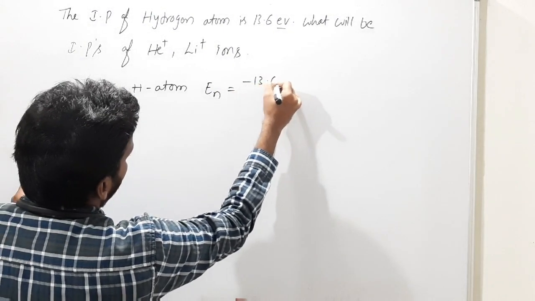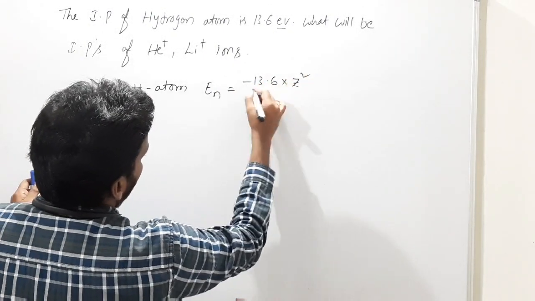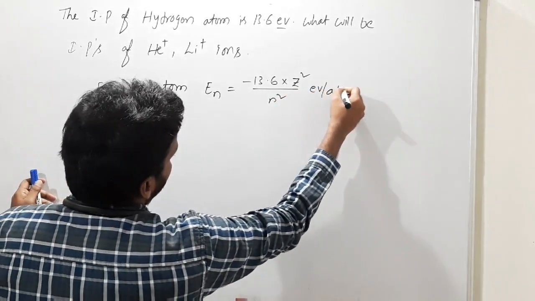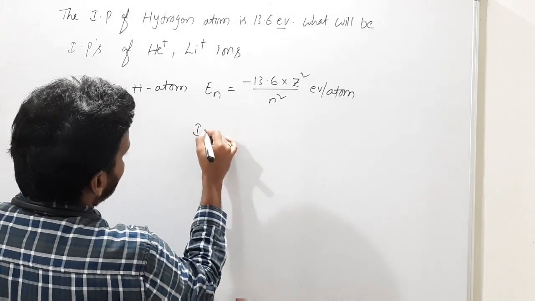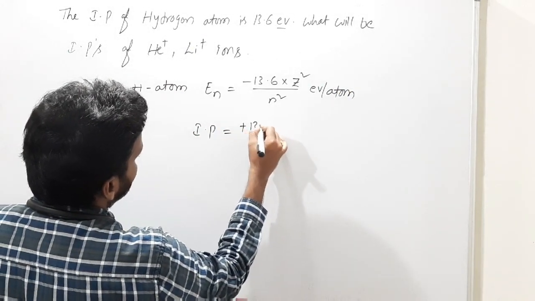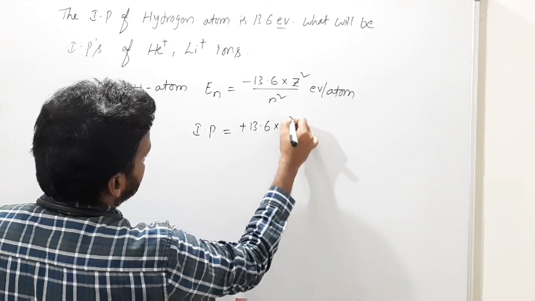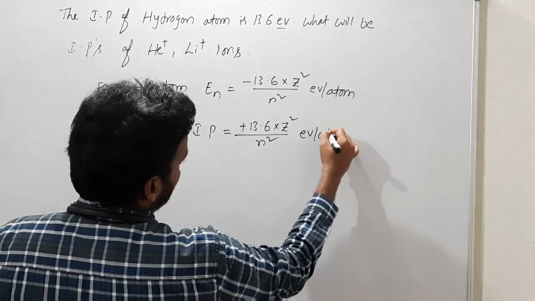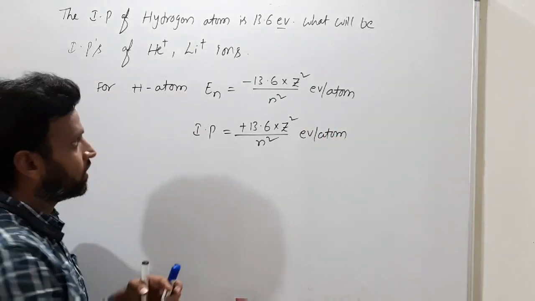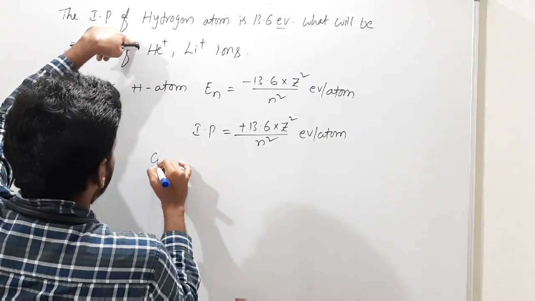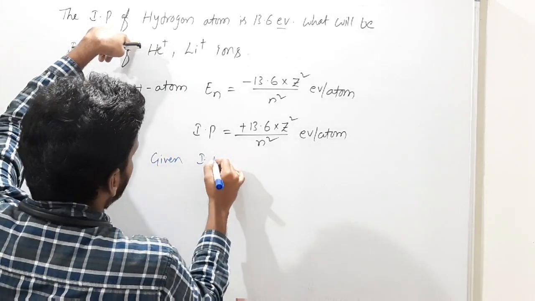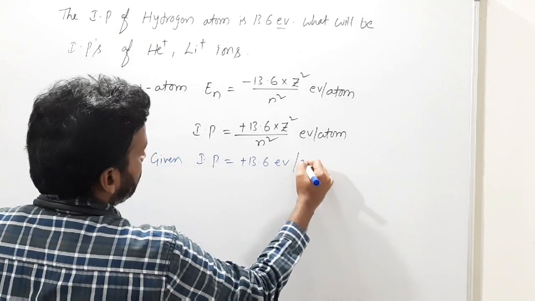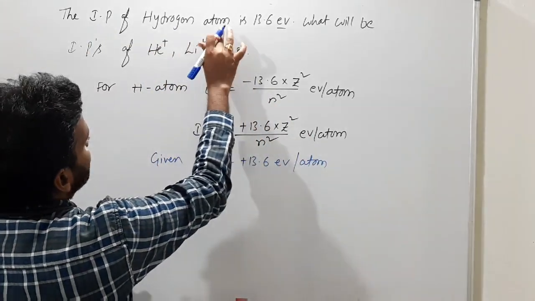It's minus 13.6 into Z square by N square, in eV per atom. So the ionization potential is plus 13.6 into Z square by N square in electron volt per atom. The given ionization potential is plus 13.6 eV per atom. Yes, of course, hydrogen atom only they said.